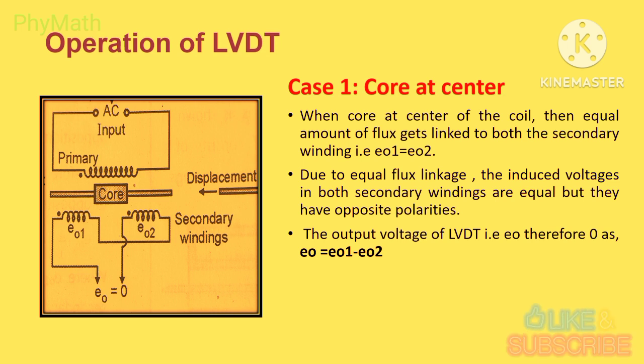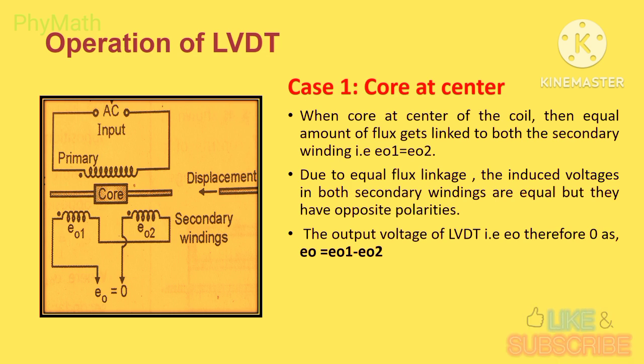Due to equal flux linkage, the induced voltages in both secondary windings are equal, but they have opposite polarities: EO1 is positive and EO2 is negative. That's why the output voltage of LVDT, EO, will be equal to 0, as EO1 equals EO2.